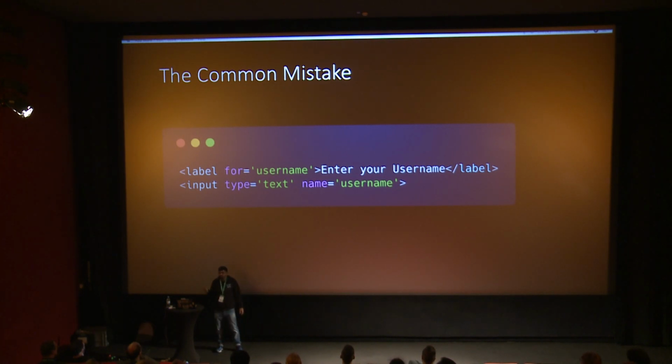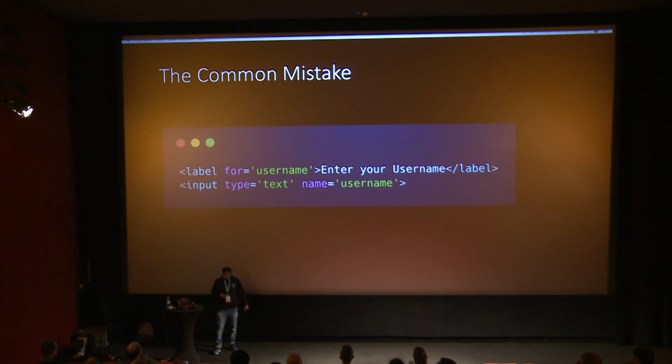So you have input, and mostly every one of us doesn't consider using the label tag, right? They just say, okay, just use input. Why do we care about labels? Labels are important because screen readers read information which is written inside those labels. But this piece of code also has a common mistake.